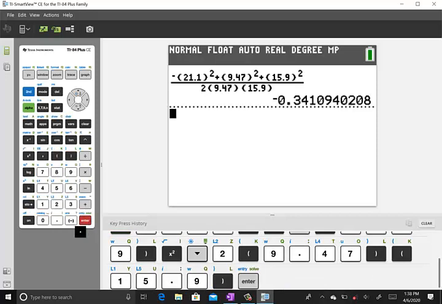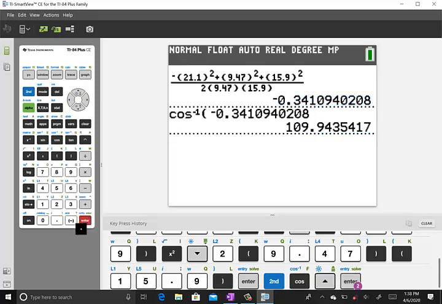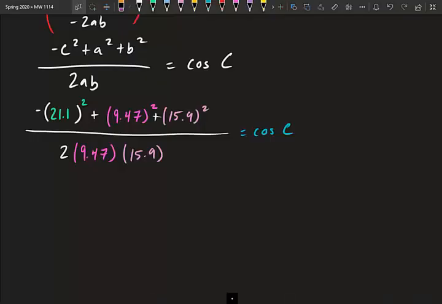And we get a decimal. So after we get that decimal, you hit second cosine, scroll up to your decimal and press enter. Press enter again, and we get our value of our angle. All right, I'll write all that down.